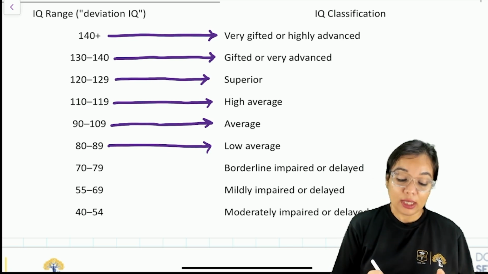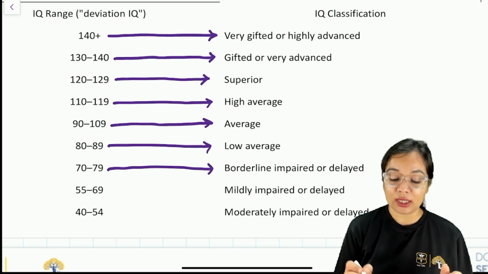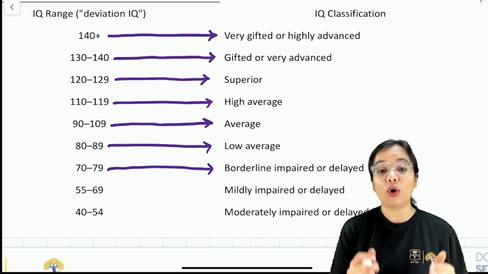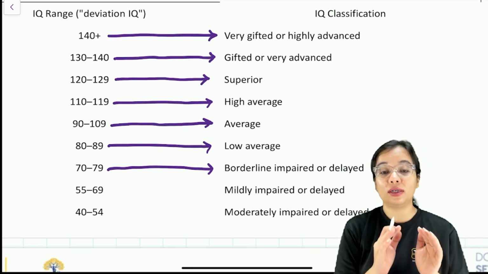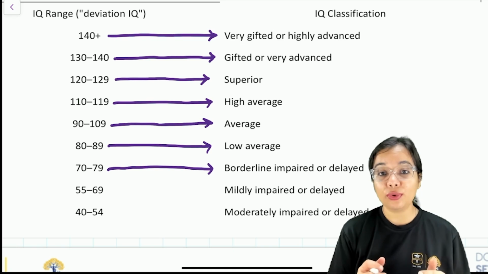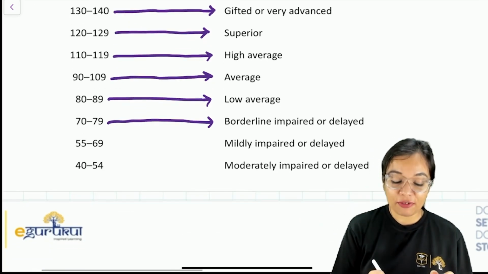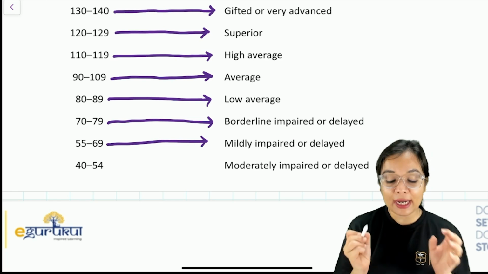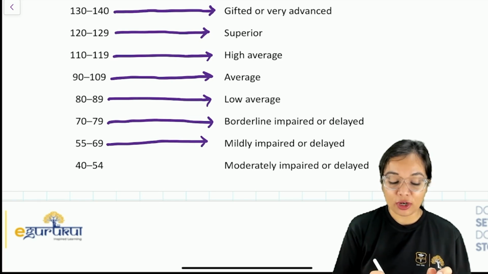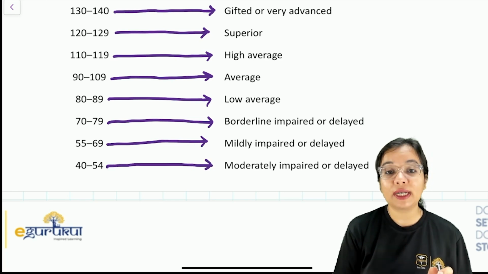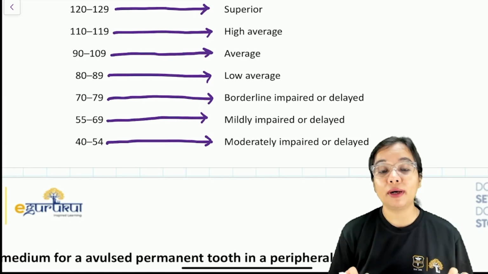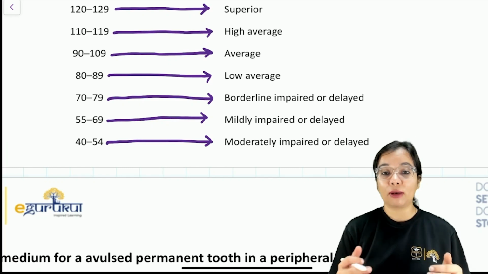Then 70 to 79 are the borderline impaired or delayed IQ, delayed mental development children. And then 55 to 69 are mildly impaired, and then 40 to 54 are the moderately impaired or delayed mental development children.